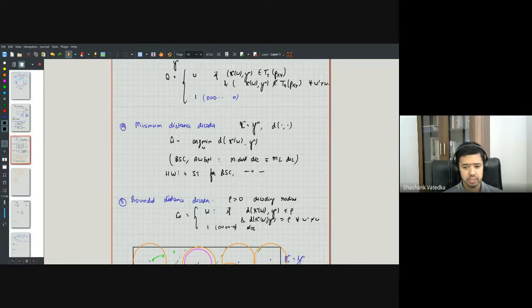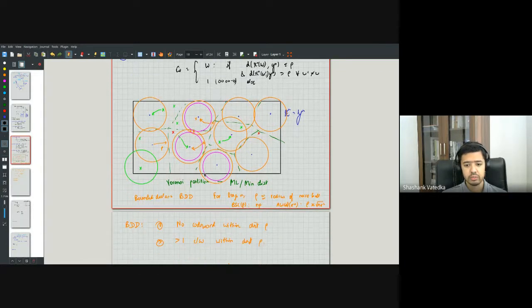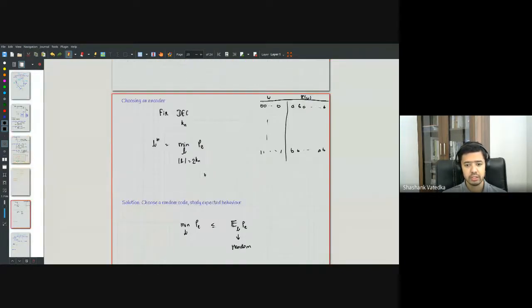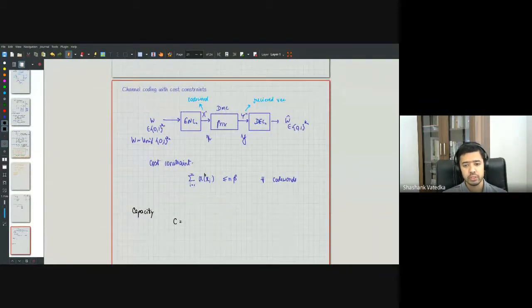And we discussed at length the geometric interpretations of each of these, what exactly each decoder does for the specific case of channels where you have a distance embedded in the alphabet.